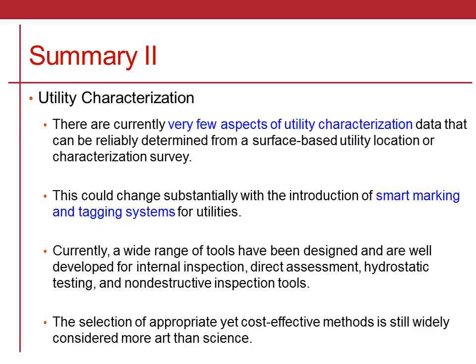Currently, a wide range of tools have been designed and are well developed for internal inspection, direct assessment, hydrostatic testing, and non-destructive inspection. The selection of a proper, cost-effective method is still widely considered more art than science.